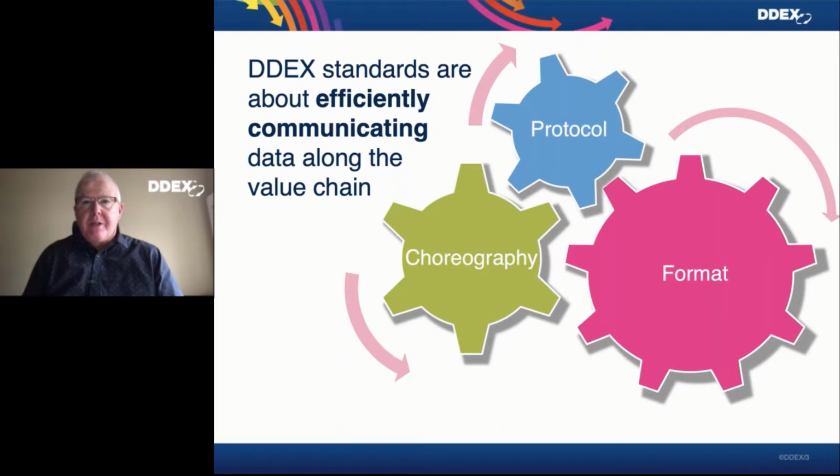Most of that is done through secure FTP sites, but we are moving increasingly towards web services, certainly over the last 4 or 5 years, as the mechanism for exchanging messages in DDAX formats. Obviously, there is more detail to standardize within a web service exchange than there is within a secure FTP exchange.